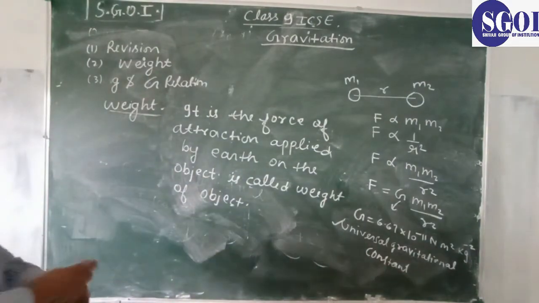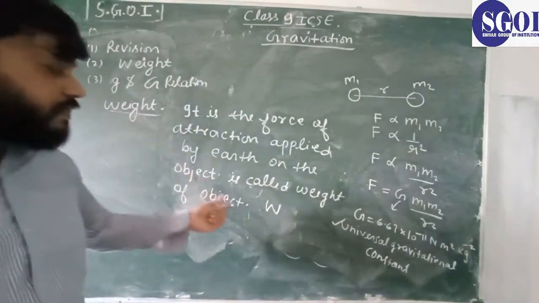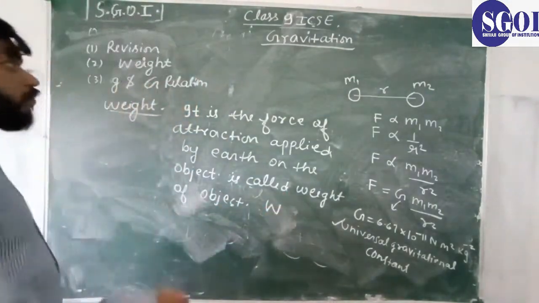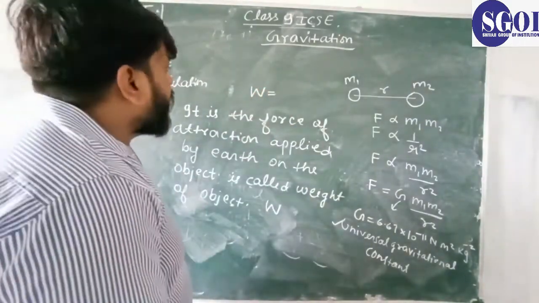Weight is denoted by the symbol capital W, and the formula for weight is as follows.